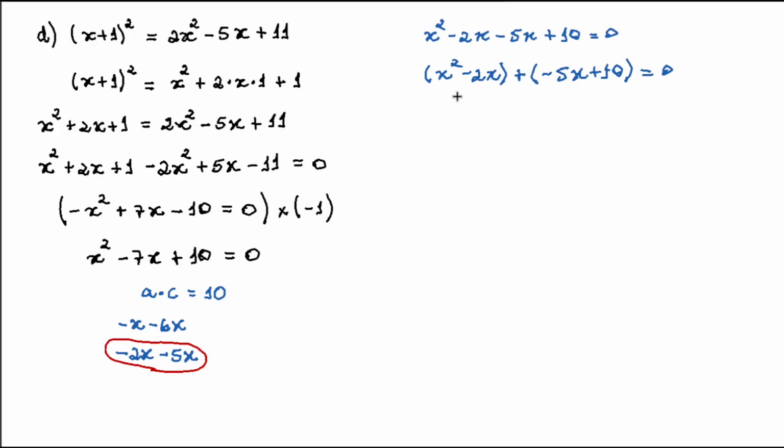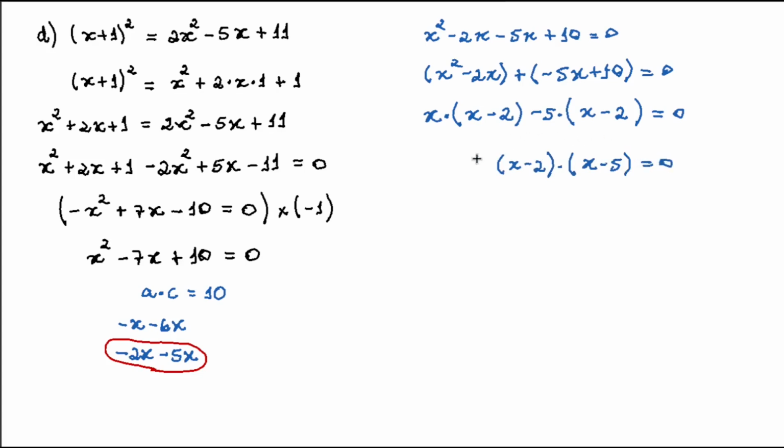Factoring out the greatest common factor in both pairs, we have in the first pair x times x minus 2, and in the second pair minus 5 times x minus 2. Now we have a binomial as a common factor, x minus 2. Factoring it out, we have x minus 2 times x minus 5. So this is the factored form of the equation.